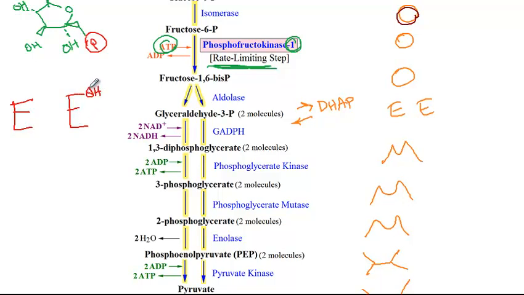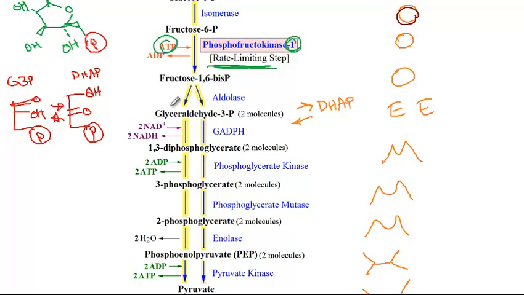So here we have an OH group, double bond O, and a phosphate. That's for dihydroxyacetone phosphate. And then for glyceraldehyde 3-phosphate, we have a double bond O, OH. So the place of these two molecules is changed, and then we have a phosphate group. And these two molecules are isomers and are interchangeable.